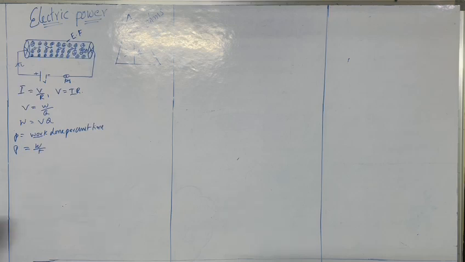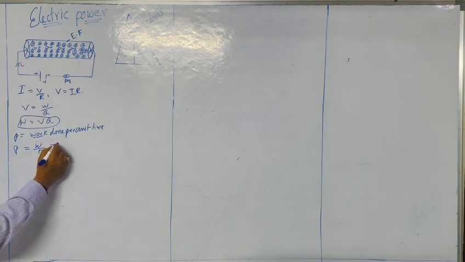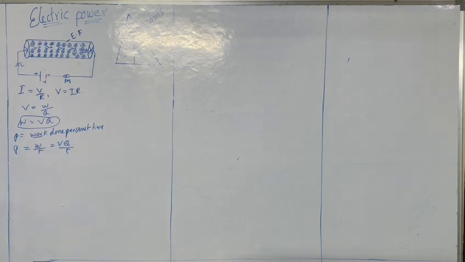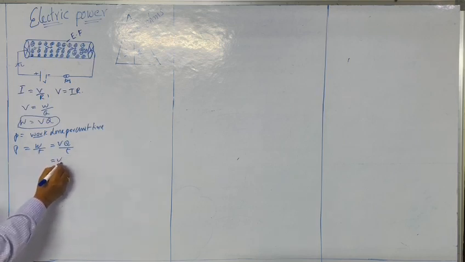What is W here? W is VQ. So power is equal to W by T, or VQ by T. Then what is Q by T?